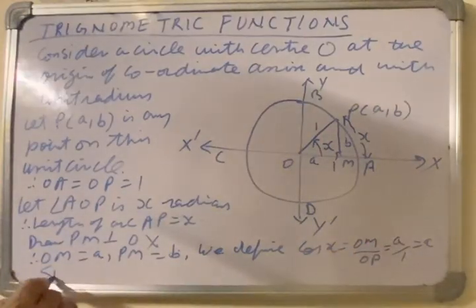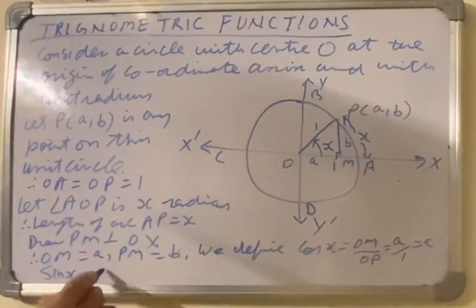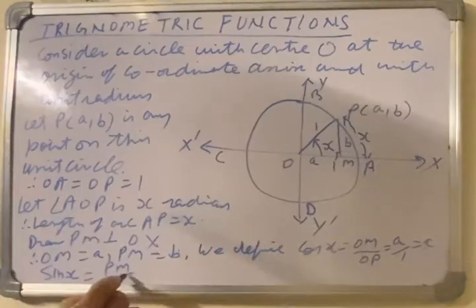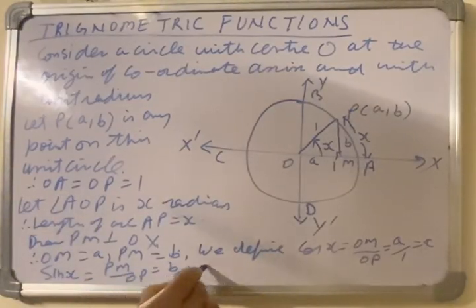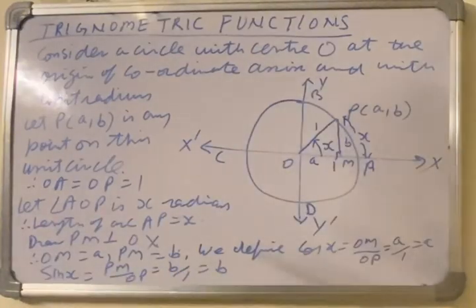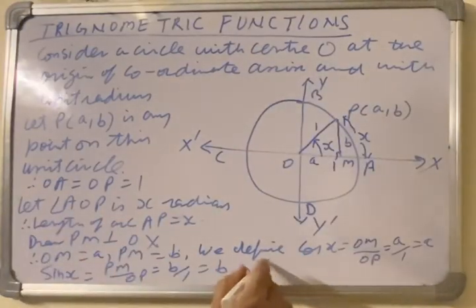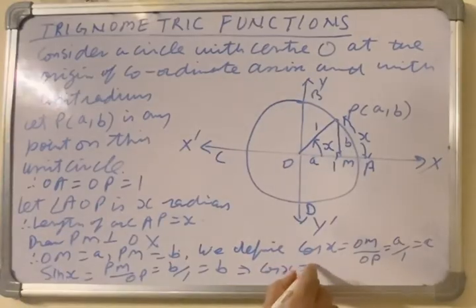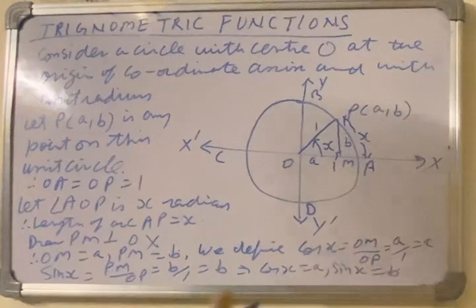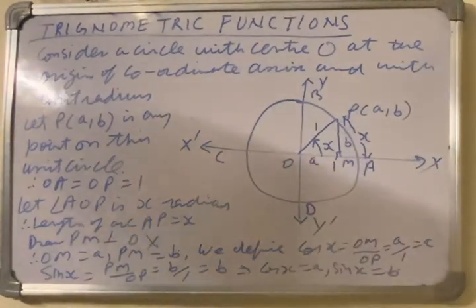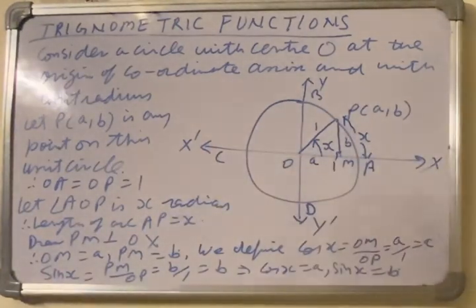Sin x is PM over OP, it is b over 1, which is b. So we have defined cos x is a, sin x is b.